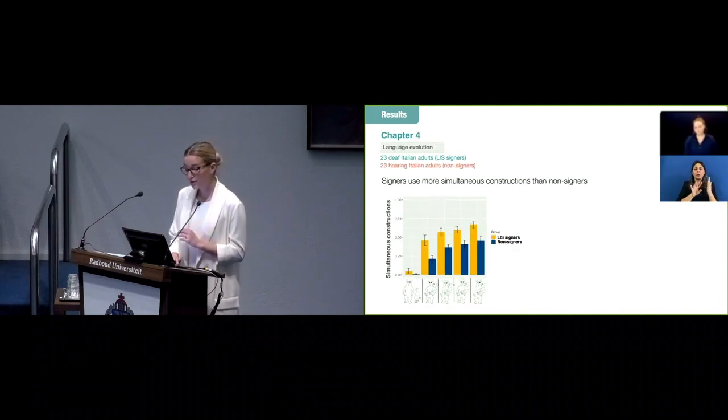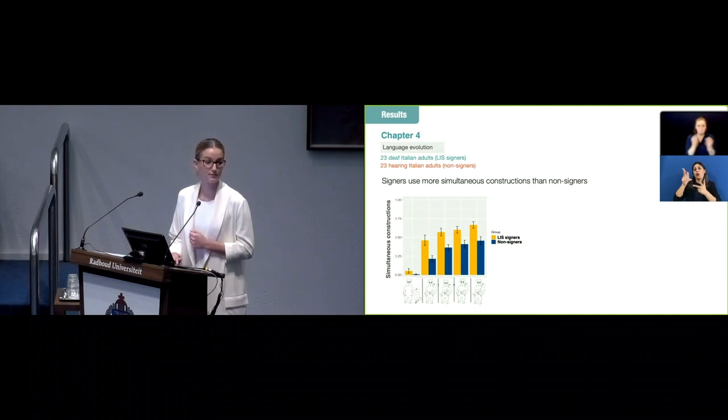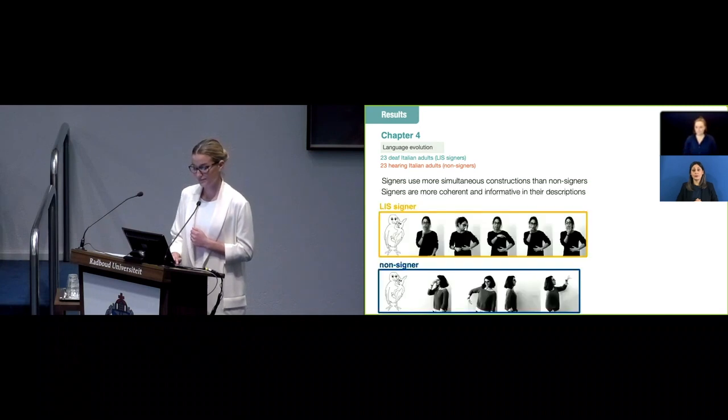In Chapter 4, quantitative results reveal that signers use more simultaneous constructions than non-signers. And qualitative analysis showed that signers use simultaneity and iconicity to be more coherent and informative in their descriptions.